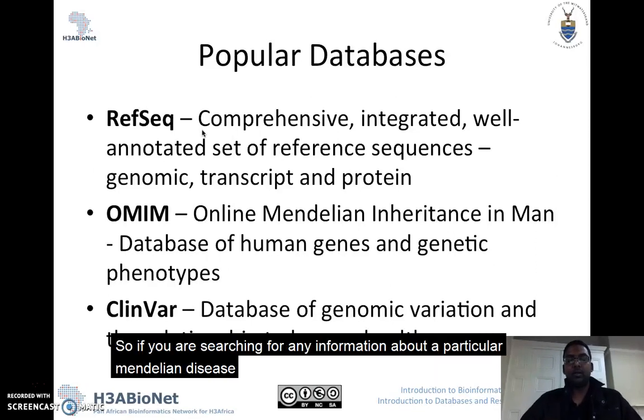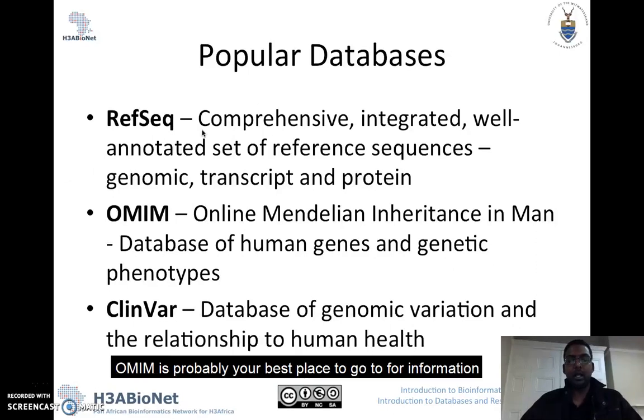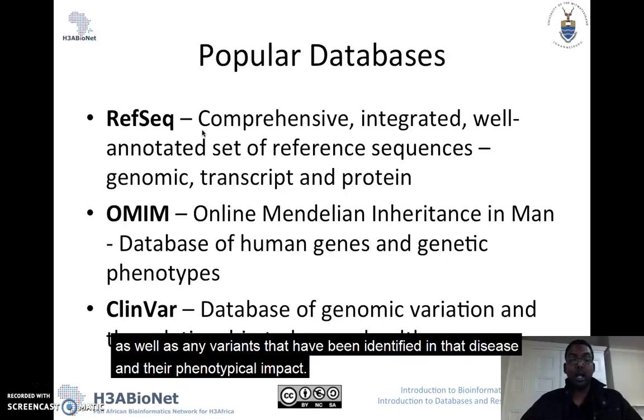So if you are searching for any information about a particular Mendelian disease, OMIM is probably your best place to go, as well as for any variants that have been identified in that disease and the phenotypic impact.